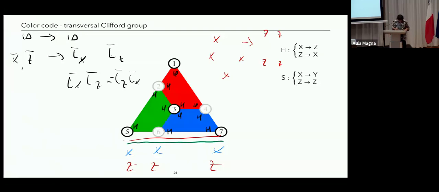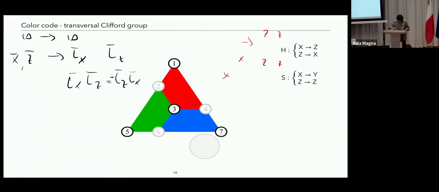Now, let's clean this up a bit. S operators, I'm going to tell you, and you can do this as homework: I can apply S and S dagger. I decolor the vertices on purpose, so I'm going to put S on the black vertices and S dagger on the gray ones.